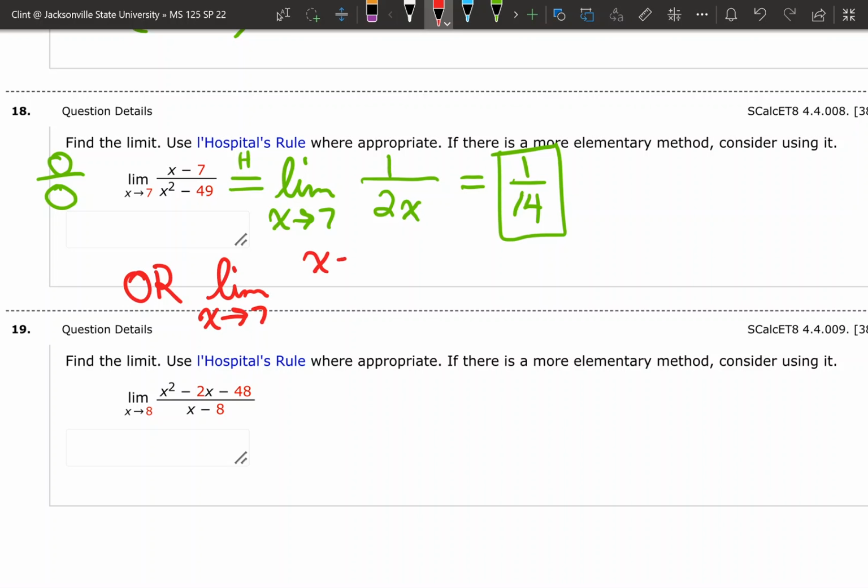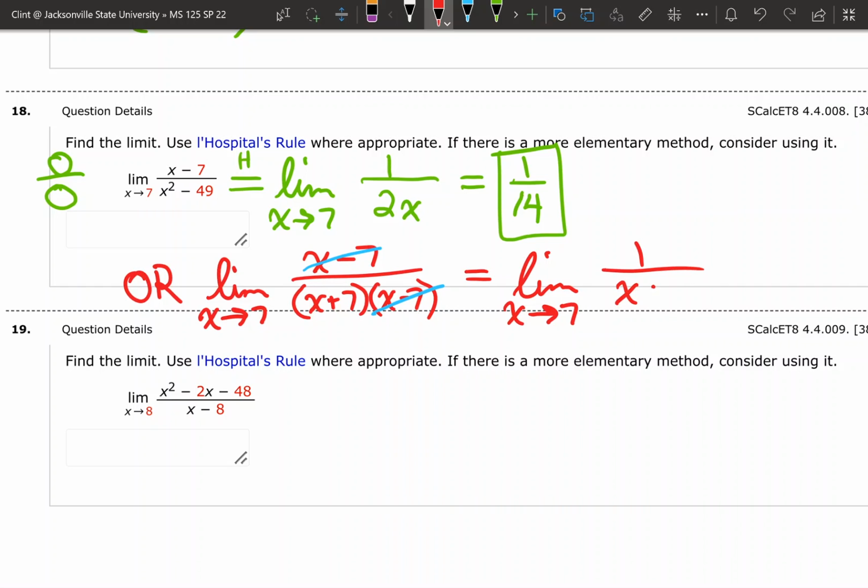Okay, but the bottom is a difference of two squares. So the x minus 7s would cancel, leaving us with 1 over x plus 7. And then if we do direct substitution, we'll get 1 over 7 plus 7, so 1 over 14.